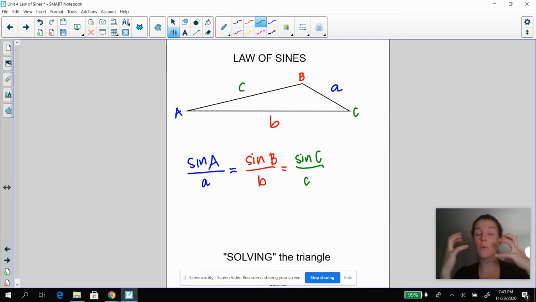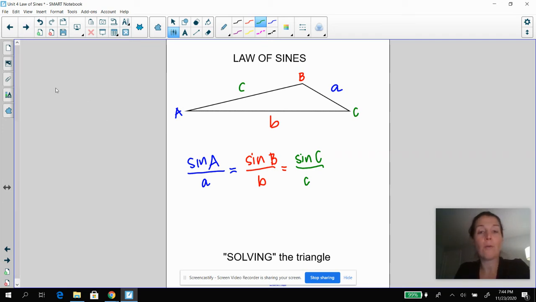So it's always just going to be that ratio, the sine of an angle over the opposite side. And notice that I used lowercase letters for the sides and uppercase letters for the angles. That's really important. And when we work to solve a triangle, you'll see why specifying whether it's degrees or units and whether it's a capital A or a lowercase a matters.